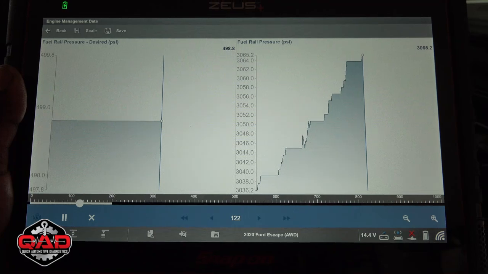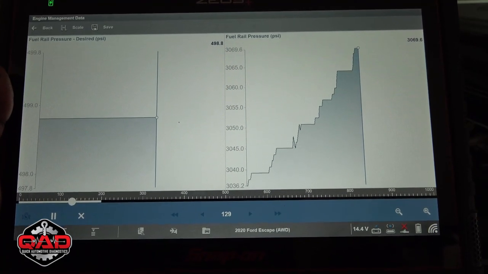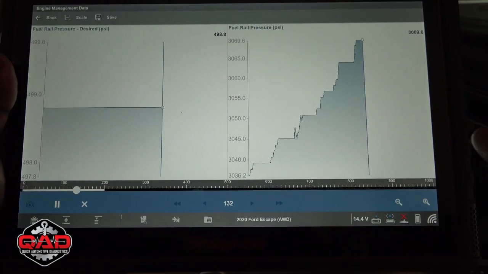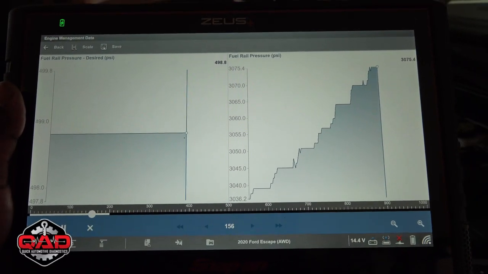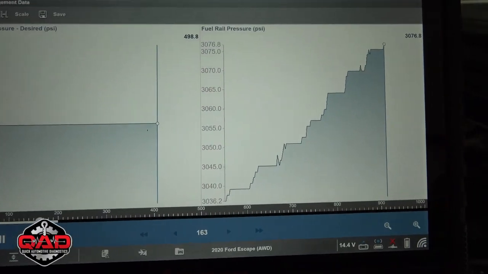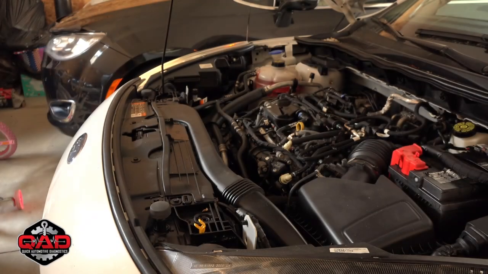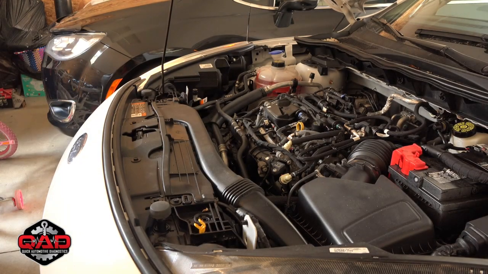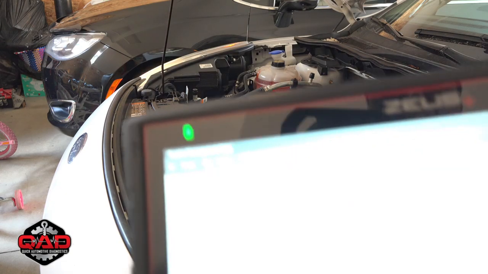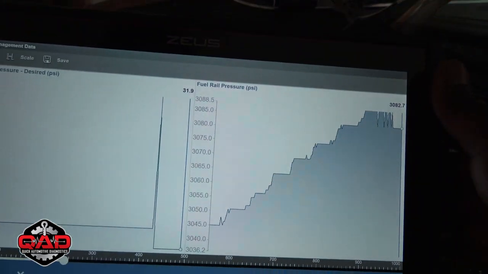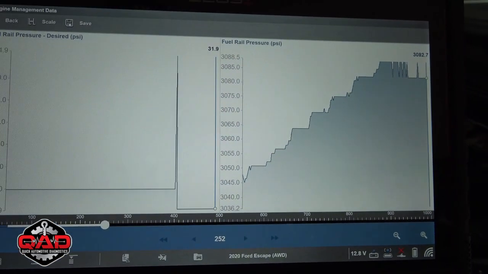Now when I shut off this engine, the computer will continue to monitor this pressure so it doesn't decay. So hang on, let me shut off the engine. Okay, engine is off.